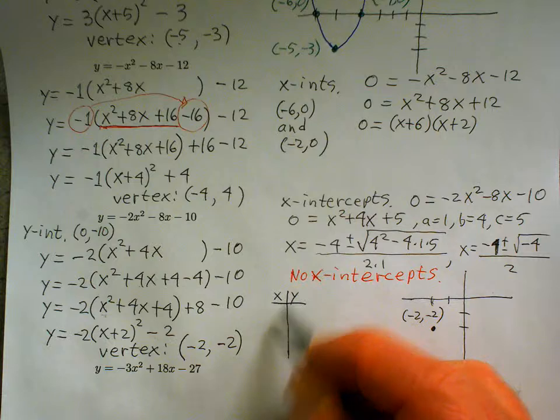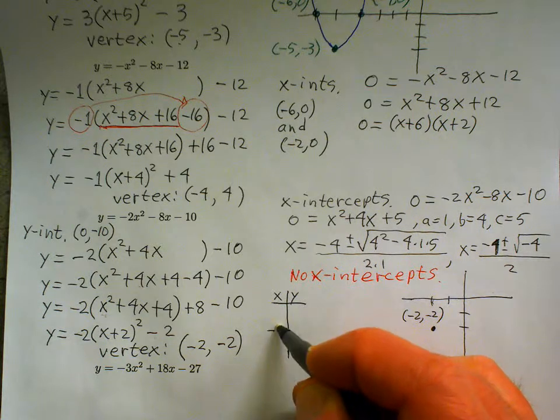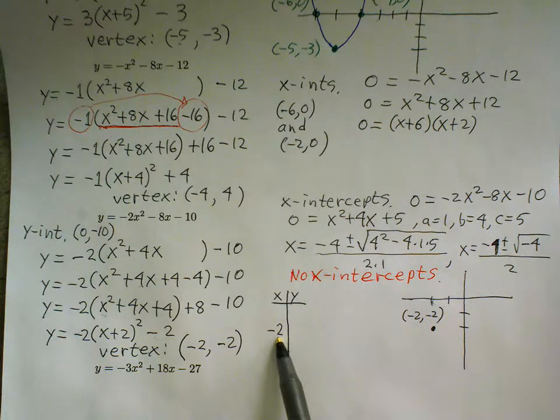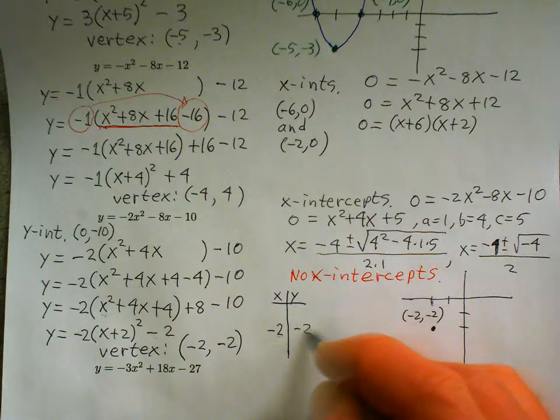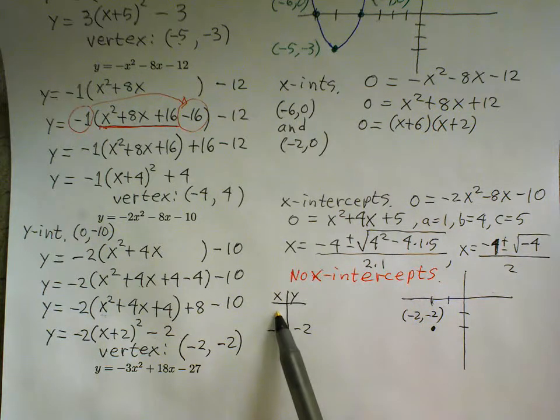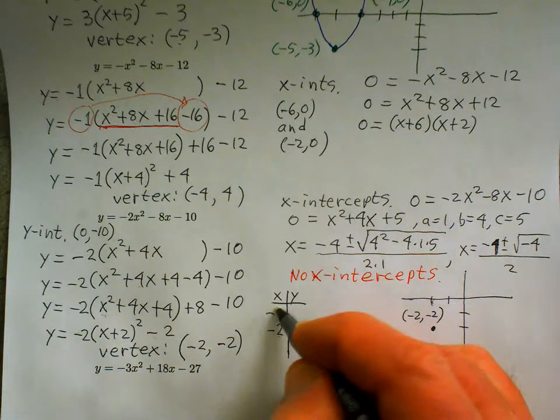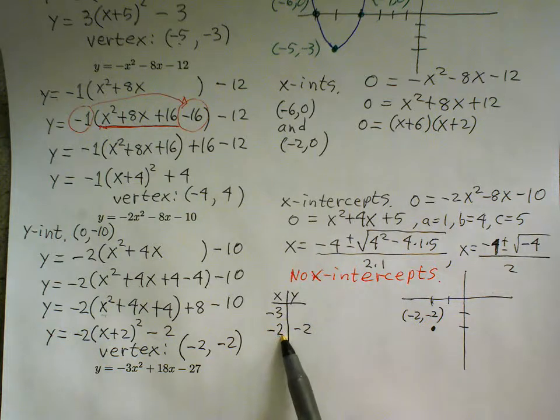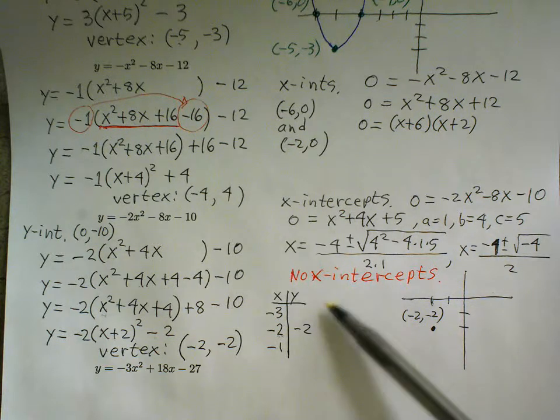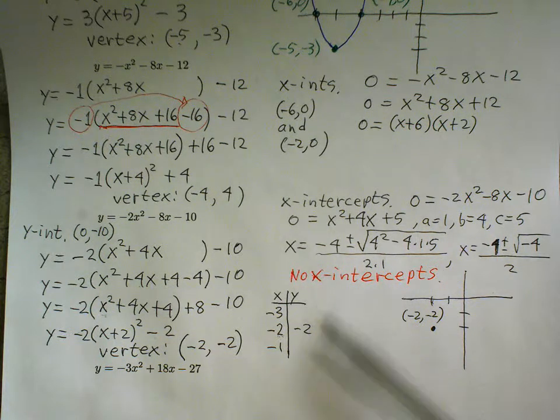So in my table of ordered pairs, I pick the x-coordinate of the vertex to be the middle value, and then pick an integer smaller than -2, such as -3, and then an integer larger than -2, such as -1, and then find the y-coordinates that correspond to -3 and -1. Then we can plot those 2 points and sketch the parabola.